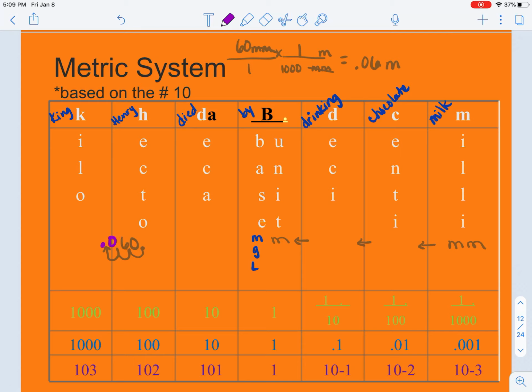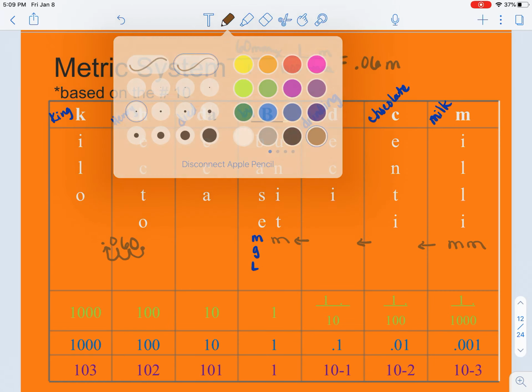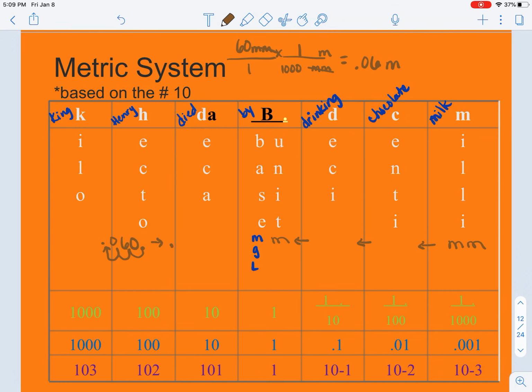So taking my decimal and moving it so that it is mirroring how I would move on the chart, that's going to give me what my new answer would be after I have converted. So again, this is a neat little trick, but it only works for the metric system.